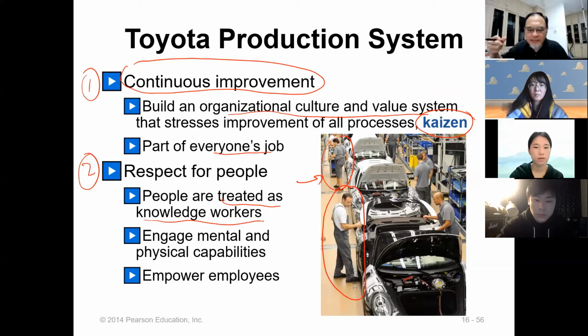Challenge: can I do this a different way? Can I give ideas to improve, to reduce muda? Where is the muda? Find muda, then reduce the muda. And engage mental and physical capabilities, empower employees.